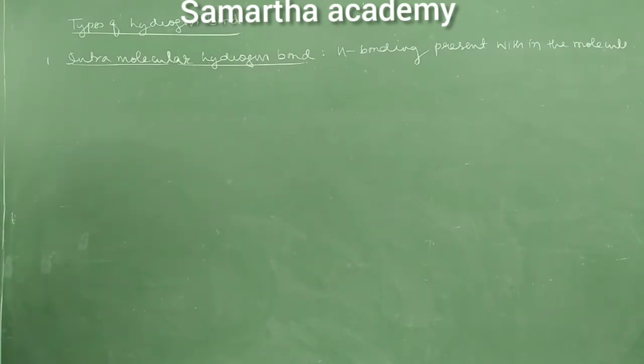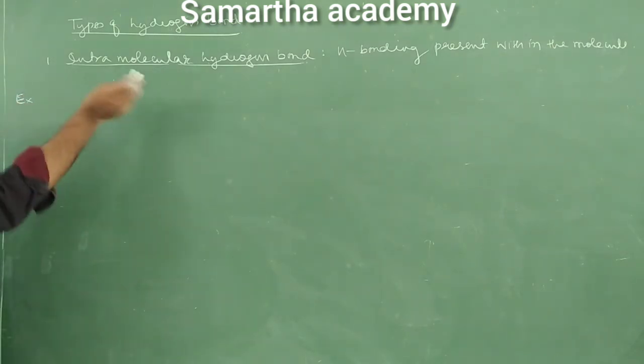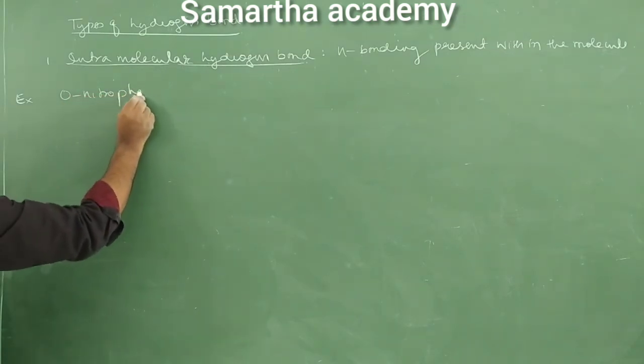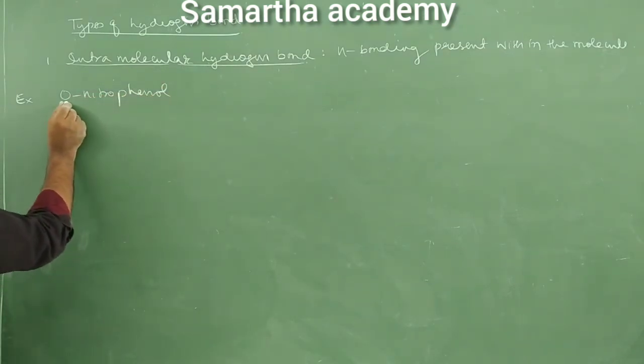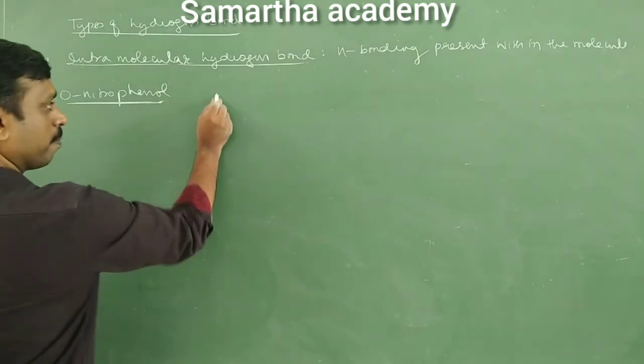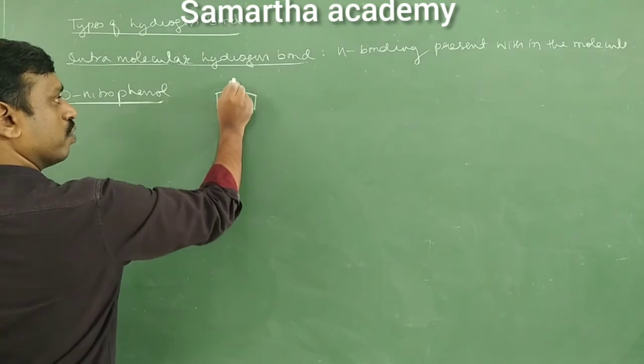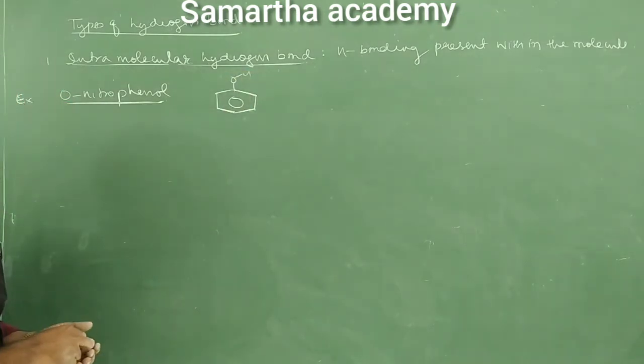Here examples are important. Most of the time they ask questions based on examples. Which of the following is inter, which of the following is intra, right? So take the example of orthonitrophenol. We study this even in organic chemistry. Phenol is benzene having OH like this.